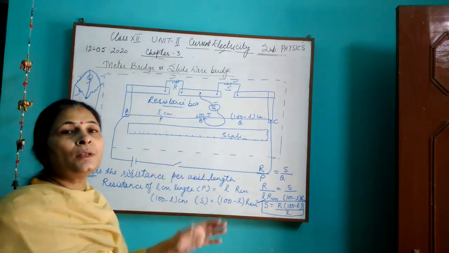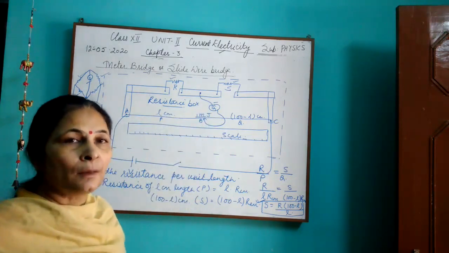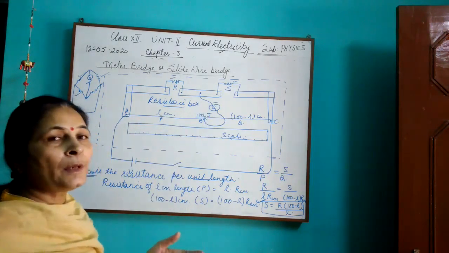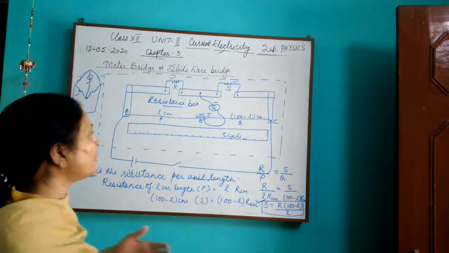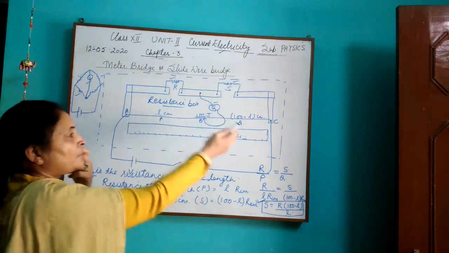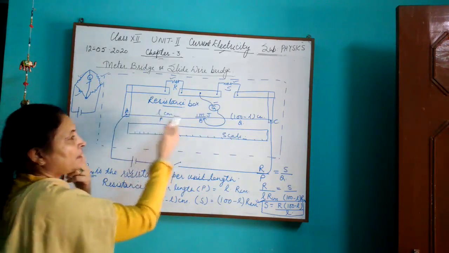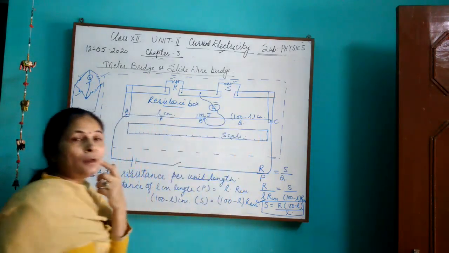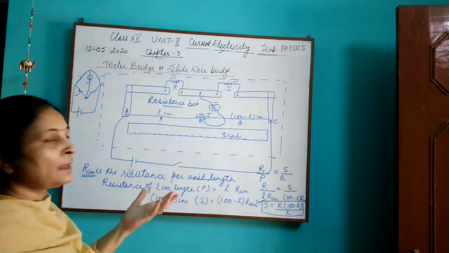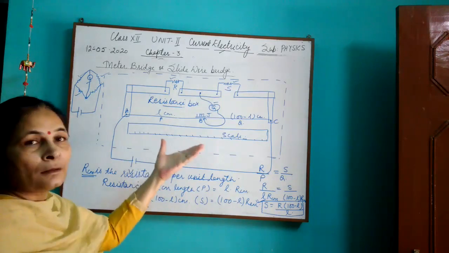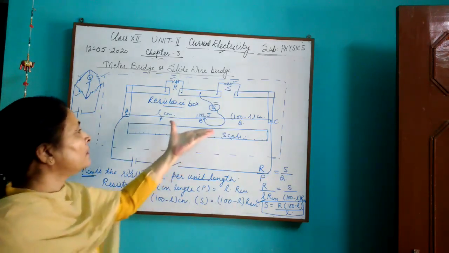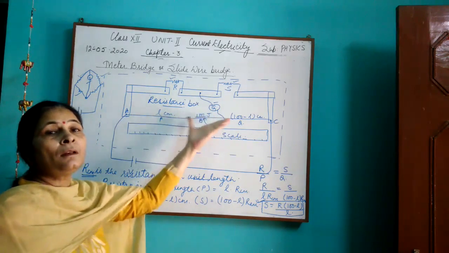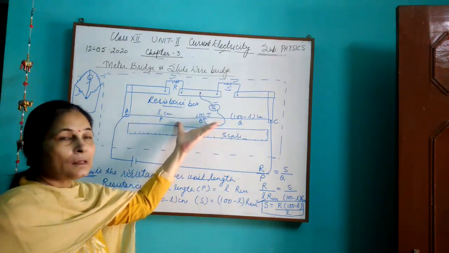It should lie between, say, 40 to 60. We should not go in for an experiment in which the null point comes on the extreme side of the scale, say at 10 centimeter here or 90 centimeter here. So to get good results, we shall maintain the experiment in such a manner that the balance point is somewhere in between the scale.